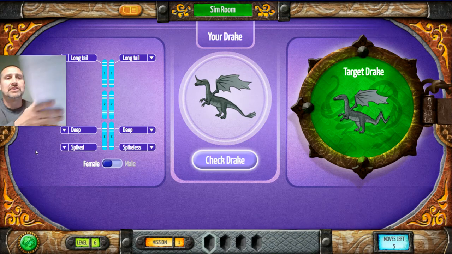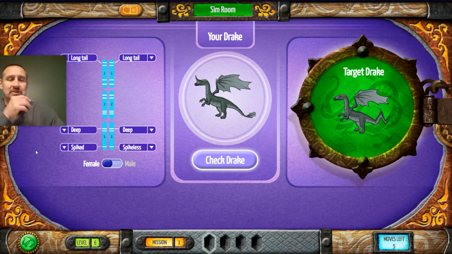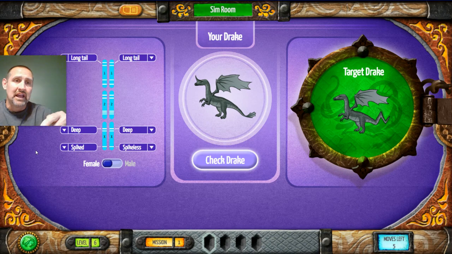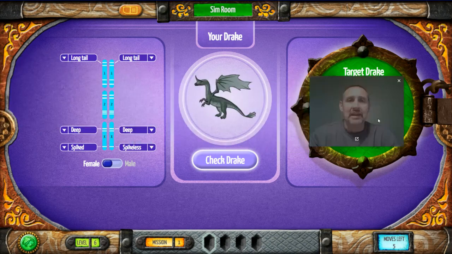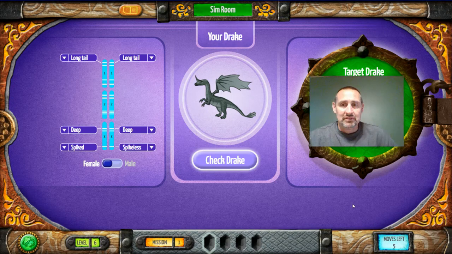Put that into your trait tracker so that you know what to expect whenever you put certain combinations together, and that'll be helpful. You're also going to notice that we've got some sex-linked traits, and those are going to, again, have a big impact on what's going on with these dragons.